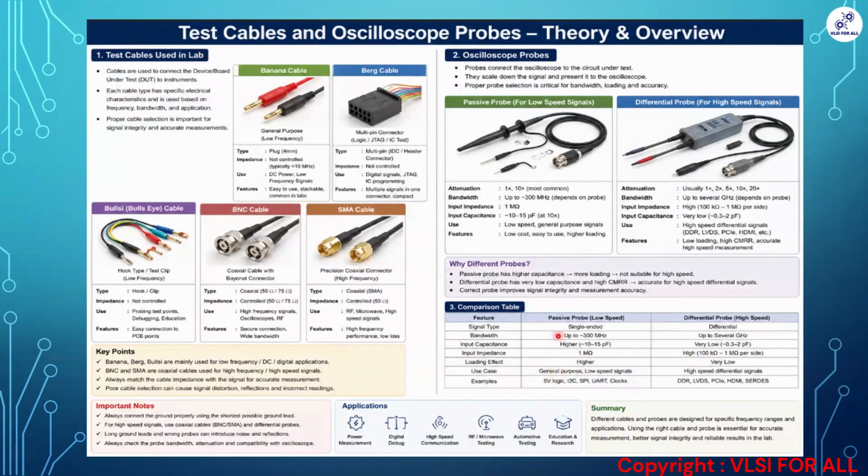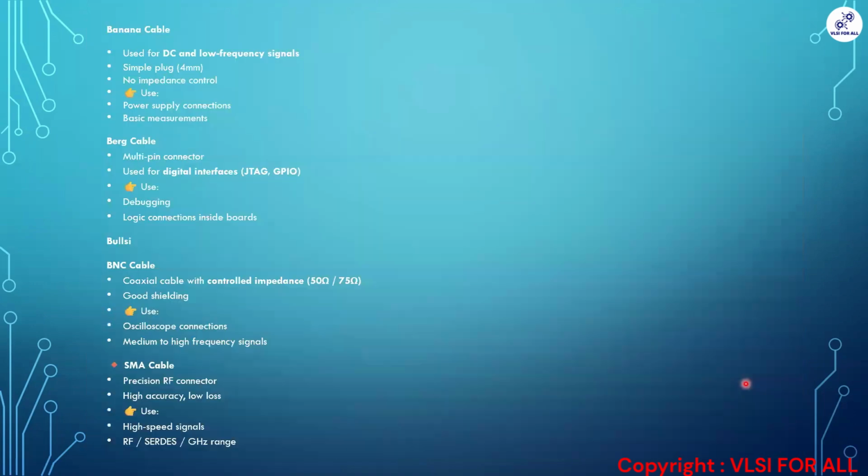Generally, passive probes are used for low speed IPs like I2C, SPI, UART. Differential probes we will be using for high speed, like USB, PCI, Aurora, SGMII, and other serialization, deserialization IPs. High speed IPs will use differential probes. Banana cable is used for DC and low frequency signals.